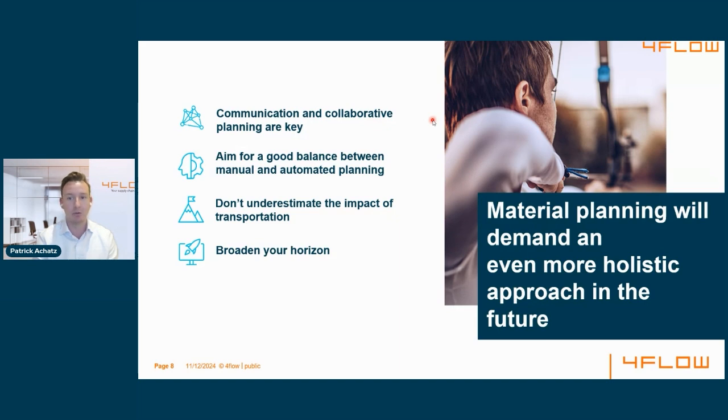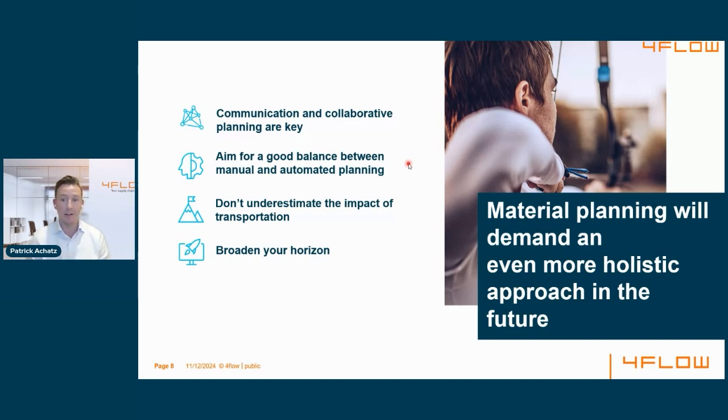Effective material planning requires everyone to work together seamlessly, from procurement to logistics to production. Second, aim for a good balance between manual and automated planning. While automation brings speed and accuracy, human insight and oversight are still crucial in decision making, especially in complex scenarios.